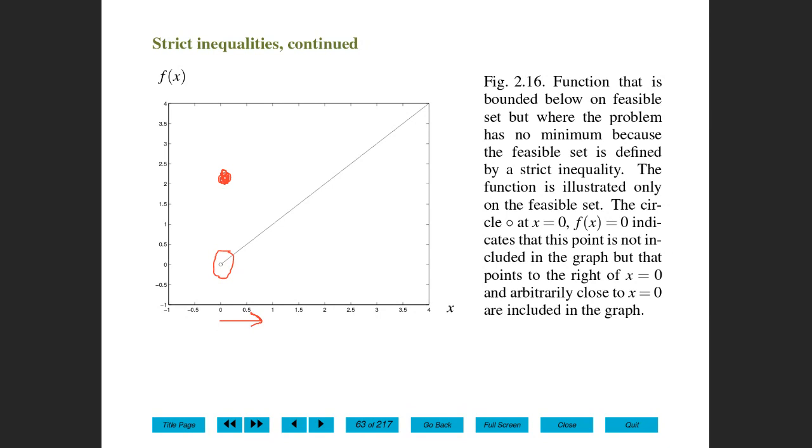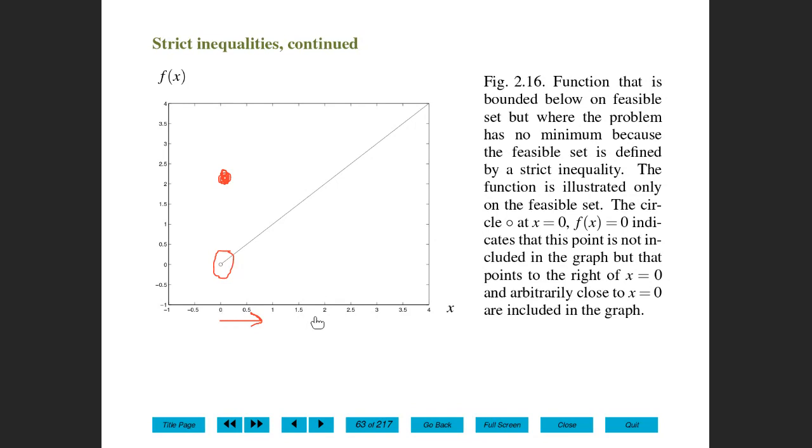So points to the right of x equal to 0, like here, are all included. Like if you have the point 0.00001, whatever, that is included, but x equals 0 is not included.